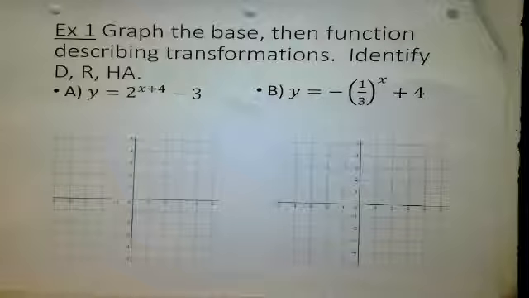All right, so we have y equals 2 to the x plus 4 minus 3.